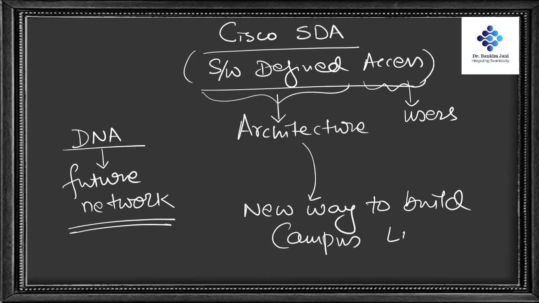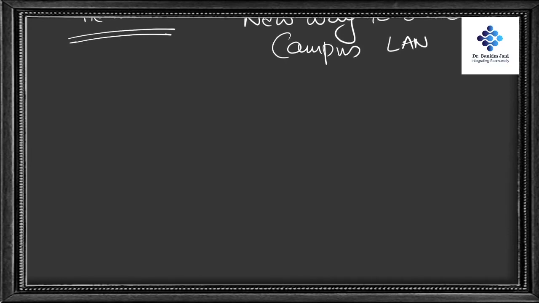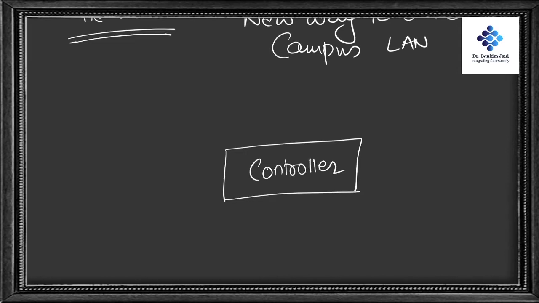Now, as we know, Cisco is never interested in you throwing away your current infrastructure, so they gave some facilities that yes, you can use that. A very quick recap of last time: we talked about the controller, which is just a piece of software controlling all the devices.